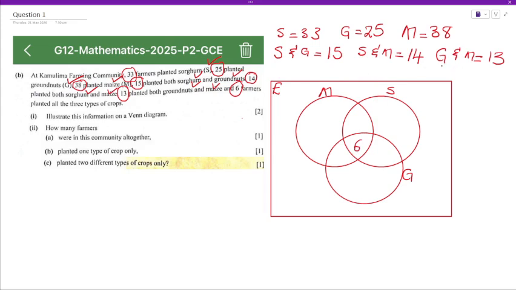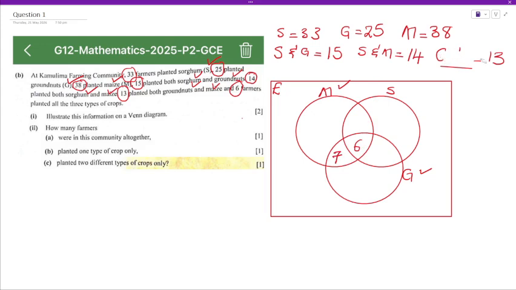And then this one says groundnuts and maize, the total should be 13. This is groundnuts and this is maize, the intersection is this region. We're told the total should be 13. We already have a 6, so we say 13 minus 6 giving us a 7. That's the value put there.